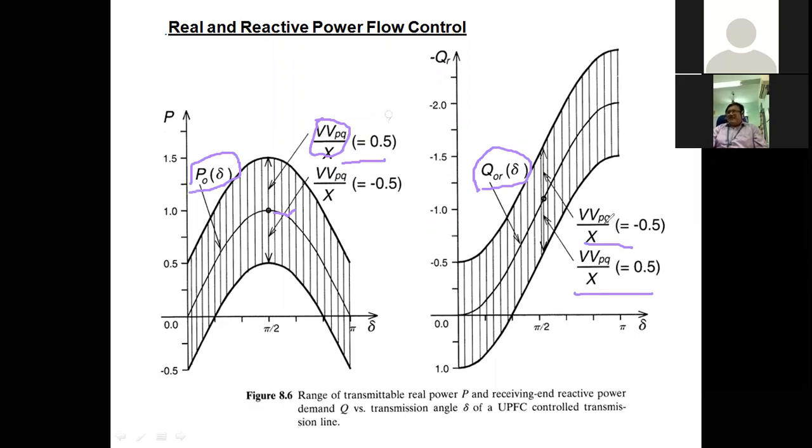Injected in phase and out of phase is also possible. Just by changing alpha, the angle at which it is injected, you can change the real and reactive power. This way the UPFC is capable of controlling real and reactive powers independently.